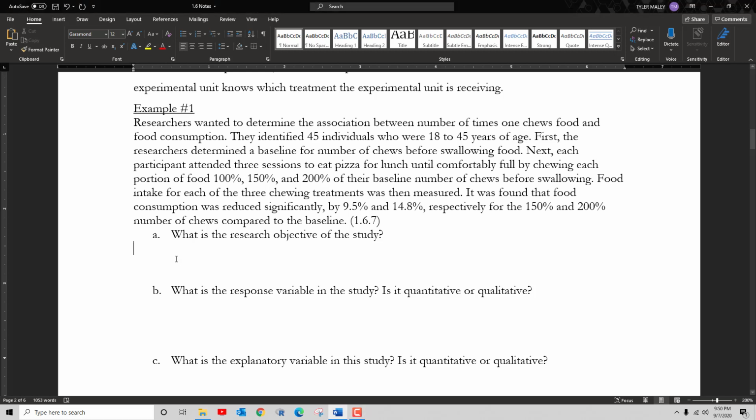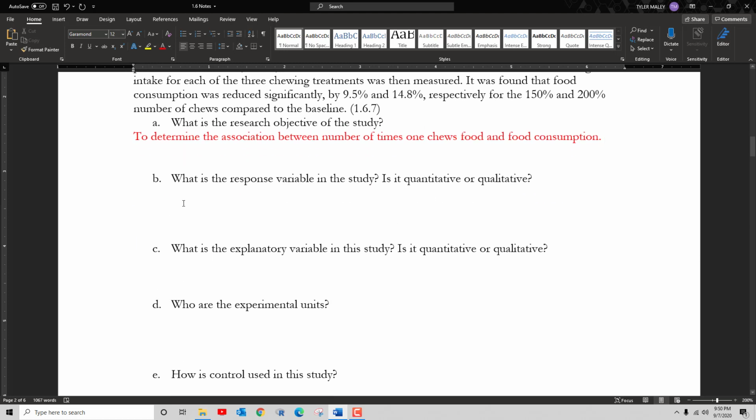Alright, so we have some questions about this study. The first is, what is the research objective of the study? That is to determine the association between number of times one chews food and food consumption. Part B says, what is the response variable in the study? Is it quantitative or qualitative?